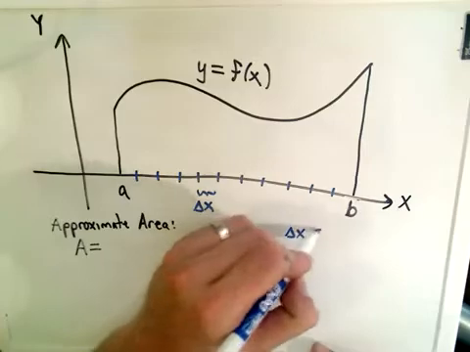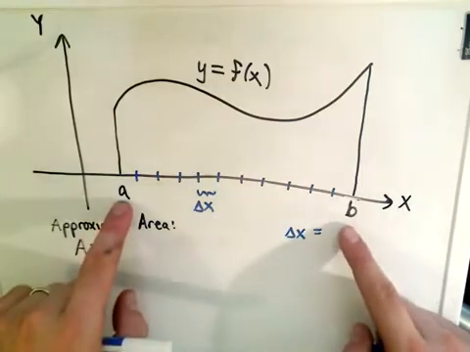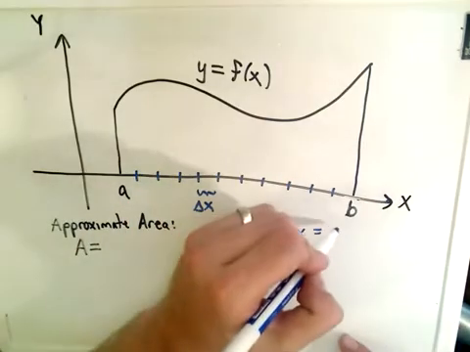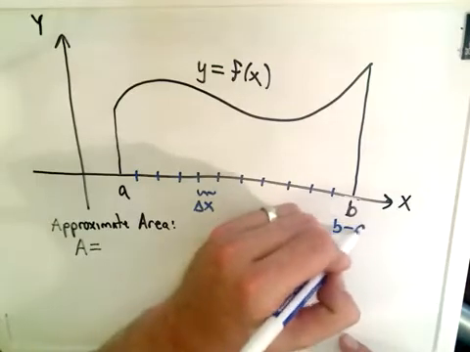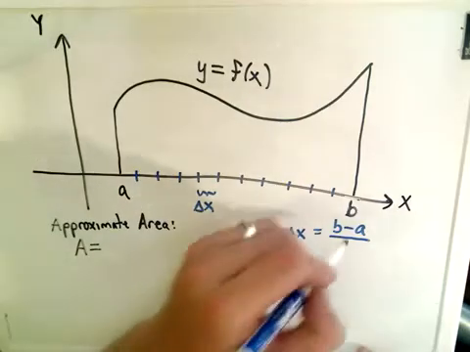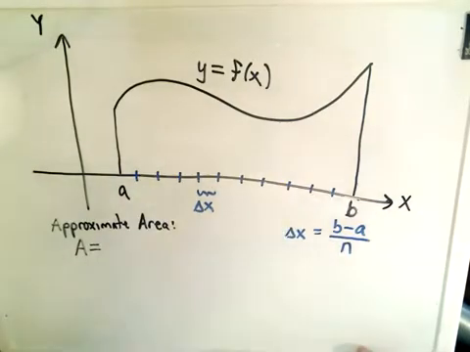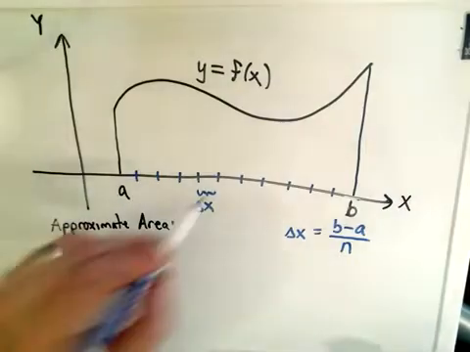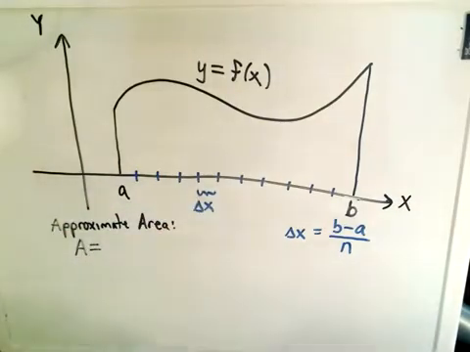The length of the interval is b minus a, and since we're chopping that interval into n pieces, the width of each piece is b minus a divided by n.